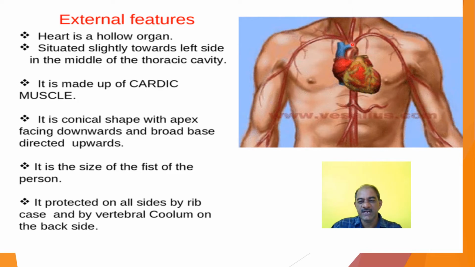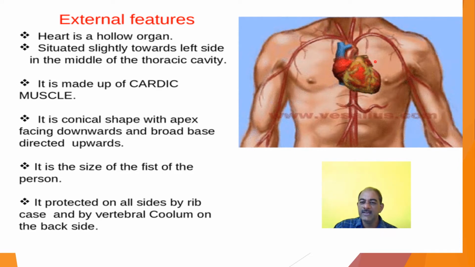So that is the external feature of the heart. Means particularly the position of the heart, it is present inside the thoracic cage in between right and left lungs. That is the exact location of the heart. It is located not exactly in the middle. It is always slanting a little to the left.